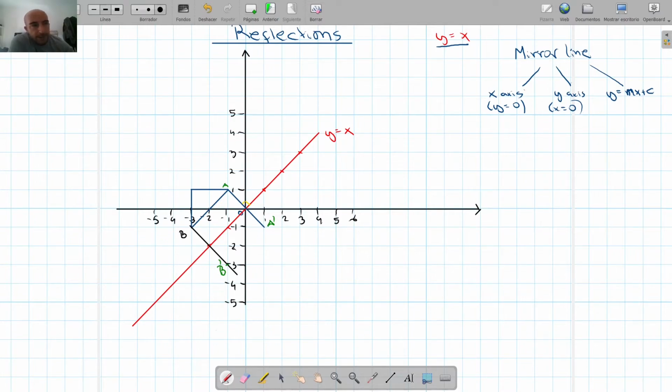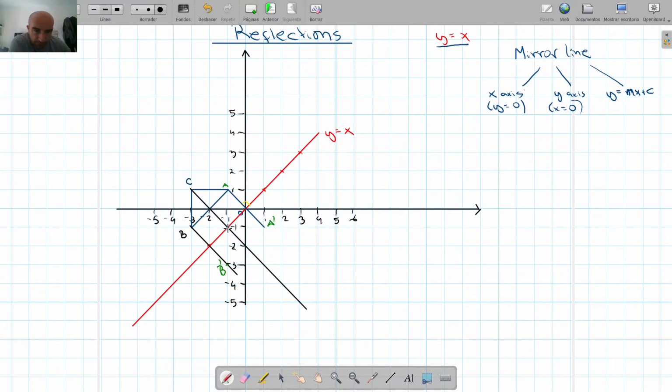If we do that with the third point, C, we draw a straight line perpendicular to our mirror line, and our C point has to be exactly at the same distance from the mirror line.